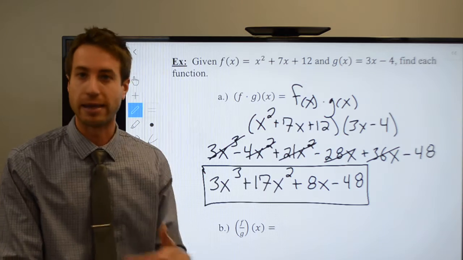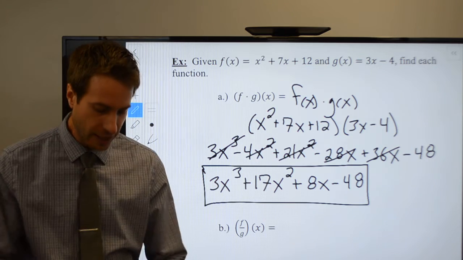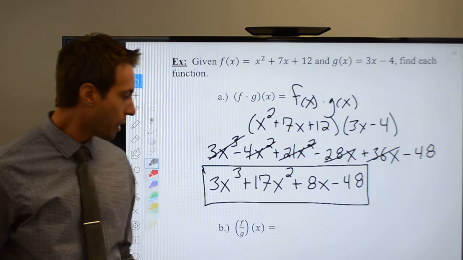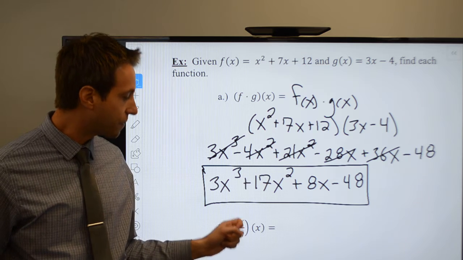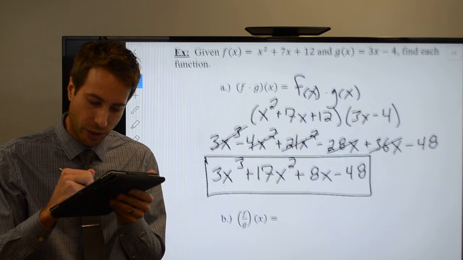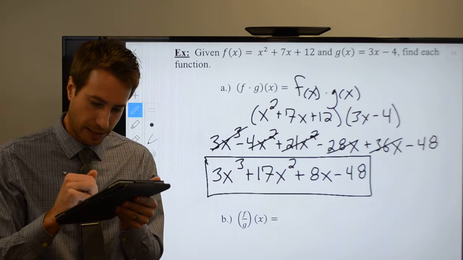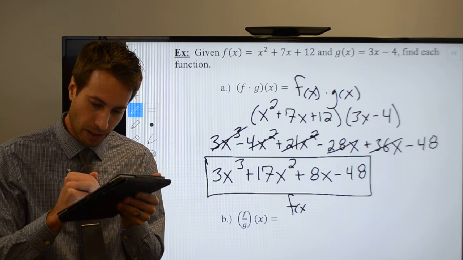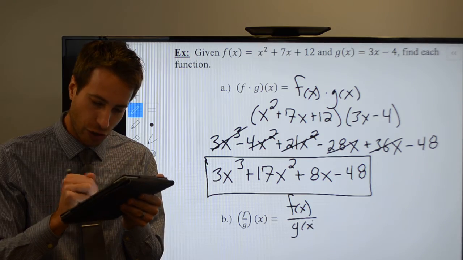All right, down here, division. Well, they want me to do f divided by g of x, which again, remember, you can simply rewrite it if you want to as f of x divided by g of x.